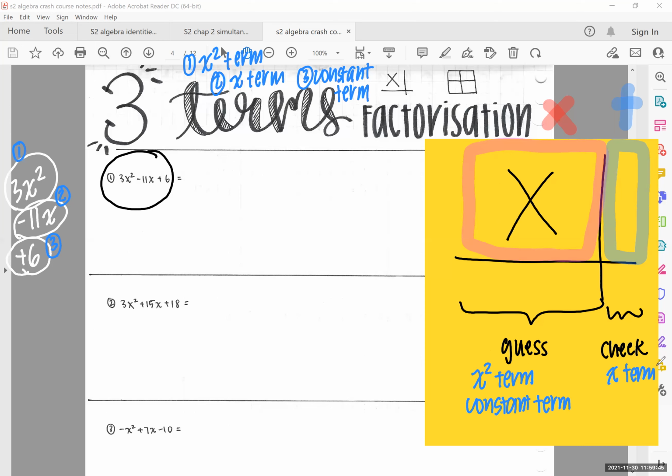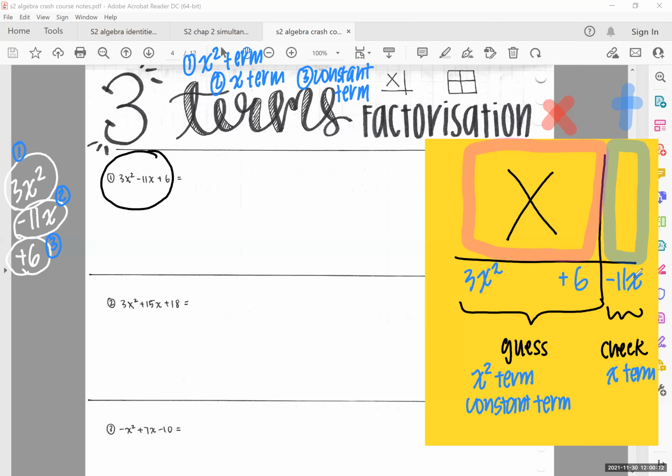Got it, guys? So far, so good. So now, what do we have? Can you see we have a 3x squared? I'll put 3x squared. Can you see my constant term is 6? I'll put plus 6. Next, I have my x term, which is negative 11x. So far, so good.